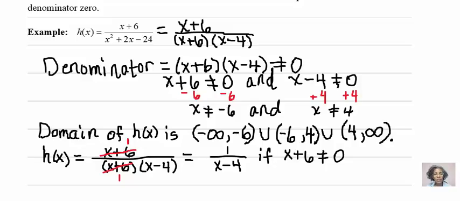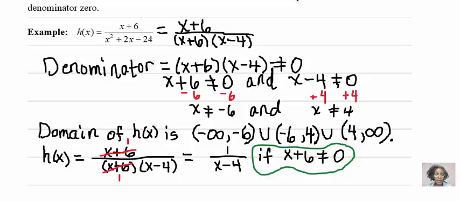Now normally, this condition, if x plus 6 is not equal to 0, will not be something that we write, but it will be something that has to be true.